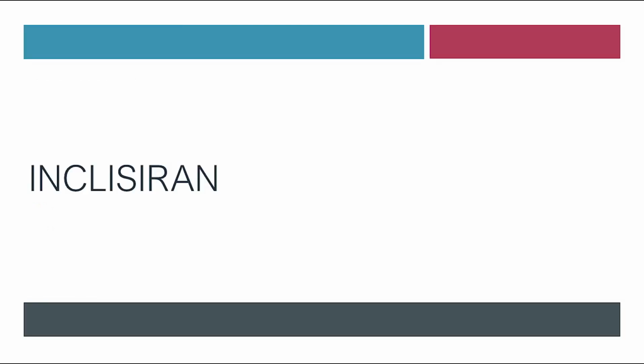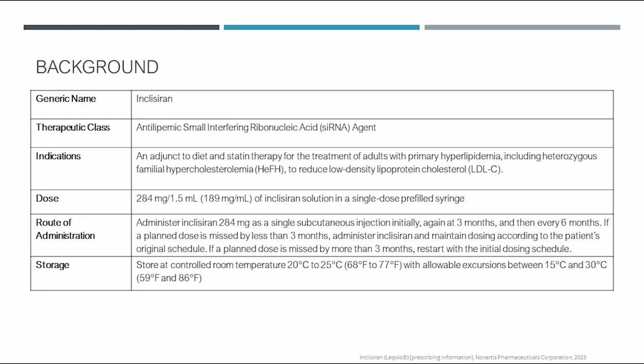Inclisiran is a lipid-lowering medication that was approved in 2021 by the United States Food and Drug Administration. Inclisiran is an anti-lipemic, small interfering ribonucleic acid agent. You'll often see this denoted as siRNA. Now, the indication for Inclisiran recently changed.